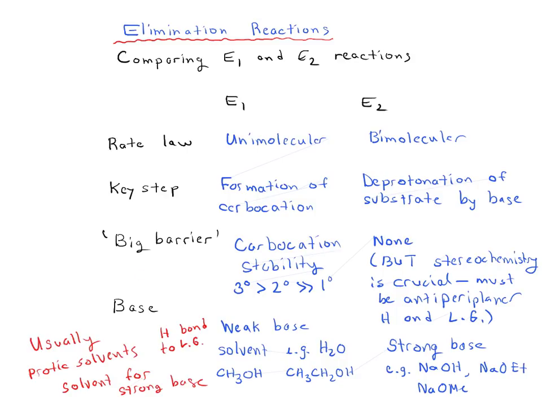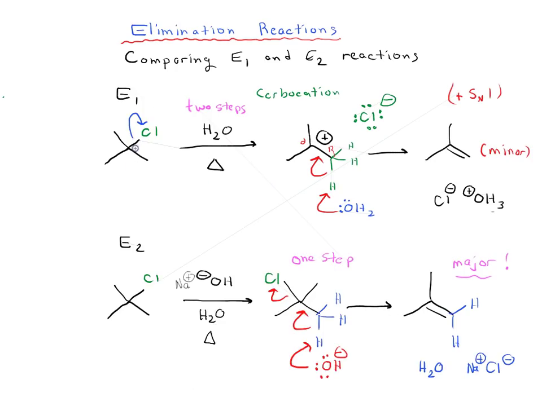So maybe we'll just go back and have a look. Here we have an E1, it's occurring in two steps. We have a weak base, which is water, and we have two steps, carbocation formation and then formation of the alkene. Here we have our strong base. It's occurring in one step, this elimination reaction.